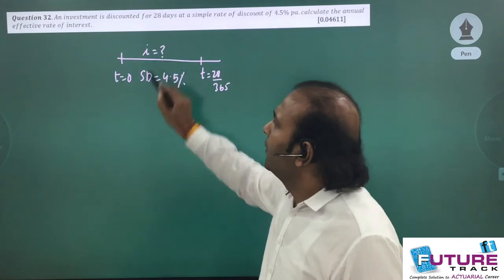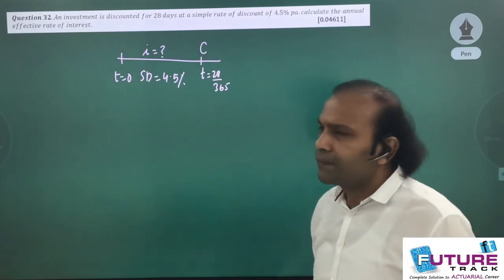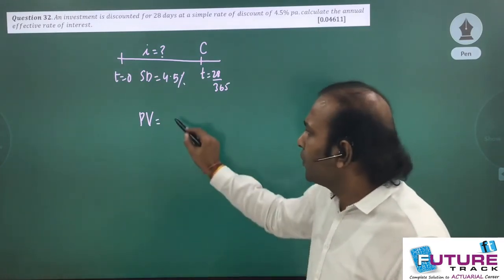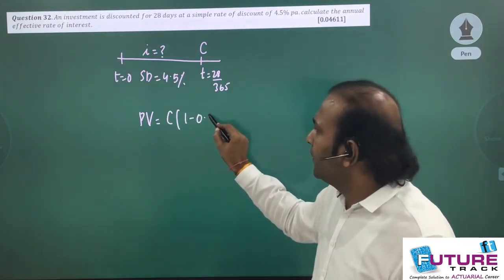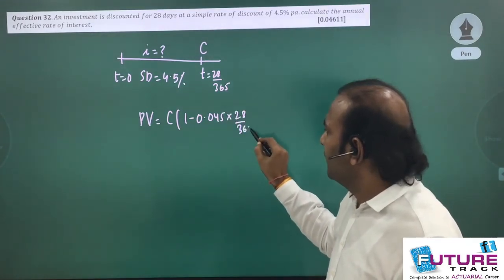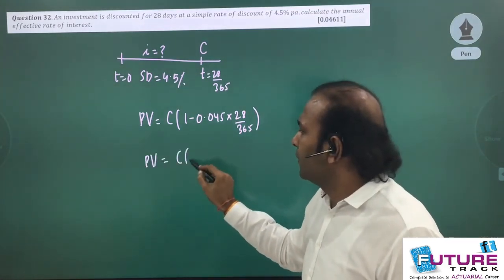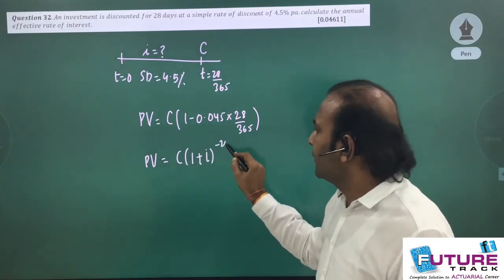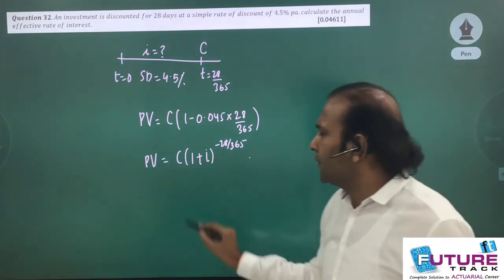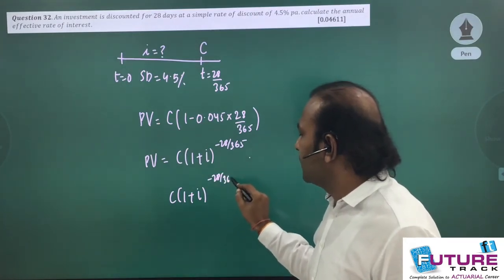In this particular question, the investment amount is not given, so class, you can take any amount, say C. So with the help of present value, if we calculate from simple discount, you get C(1 minus d into n). Similarly, we can find the present value using the effective rate of interest. Equate both. That is why the payment amount does not matter, because it will cancel out.